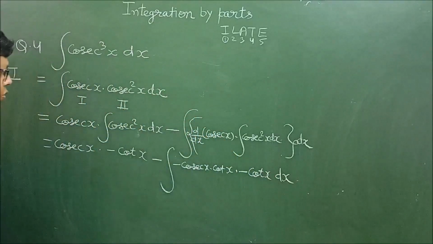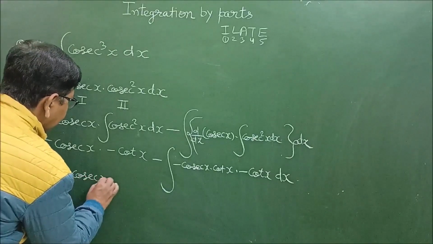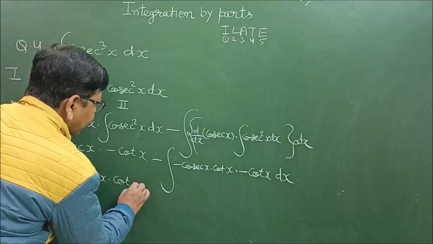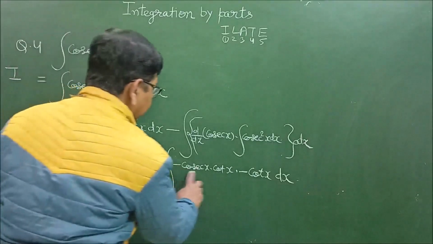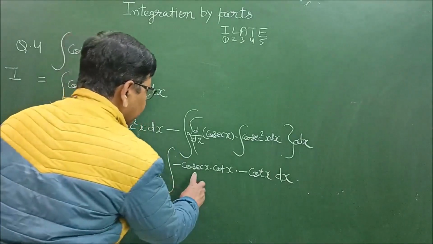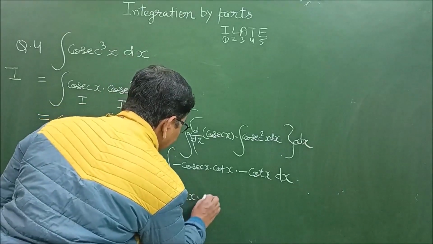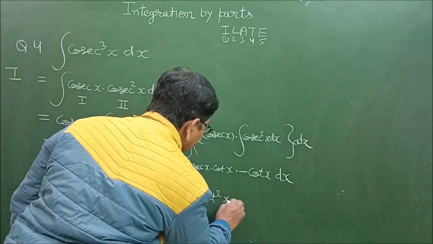So this is equal to minus cosec x into cot x, and minus minus is plus here, so minus integral of cosec x into cot square x dx.